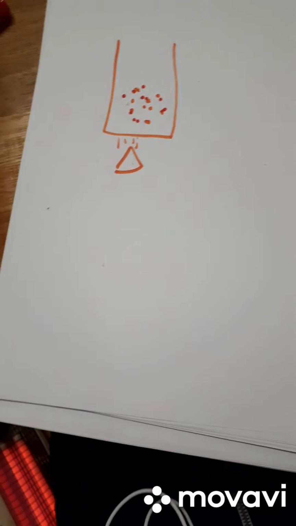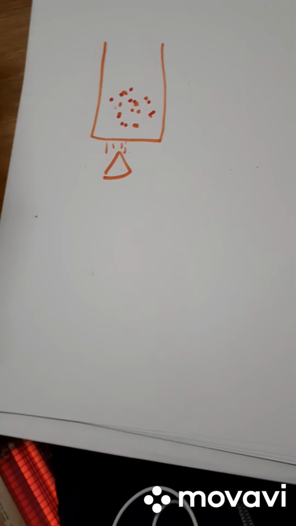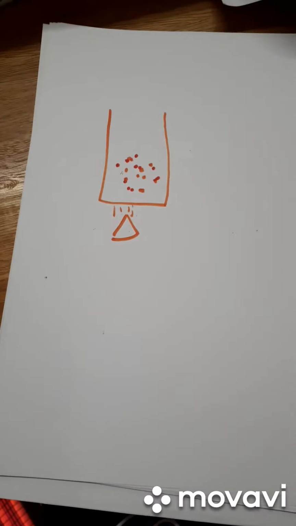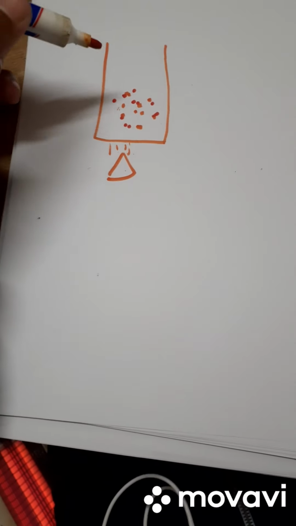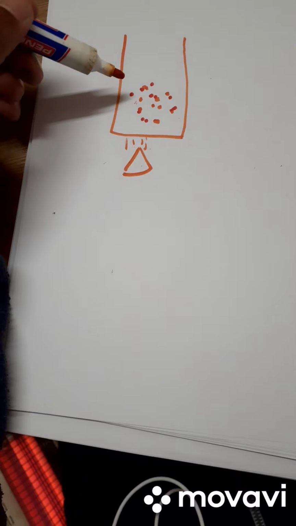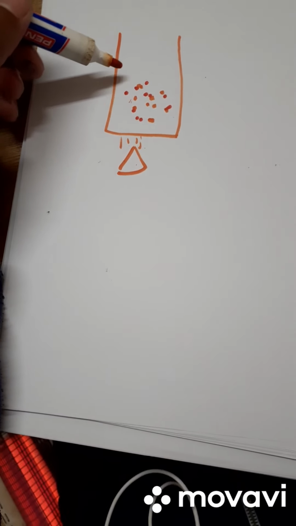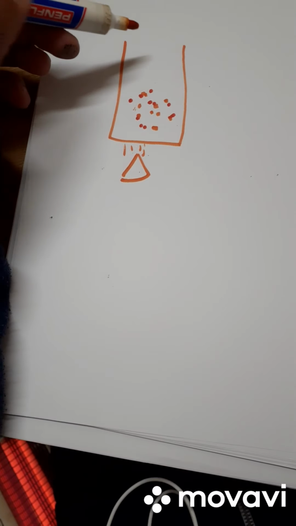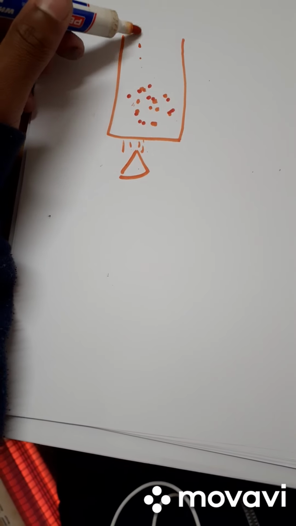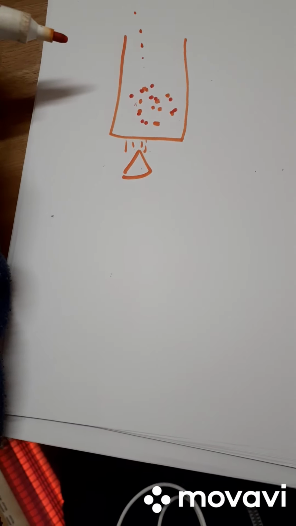When you supply heat, obviously the particles gain energy, and therefore they can collide. Remember, we did collision theory. And in the form of boiling, they can escape and leave the container.